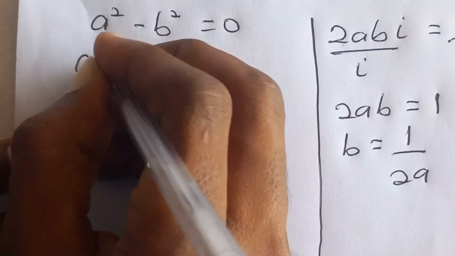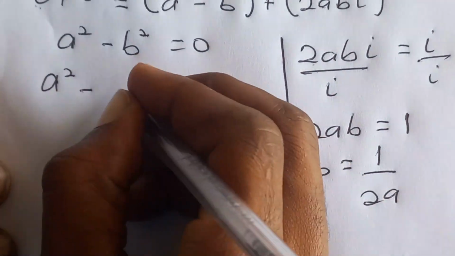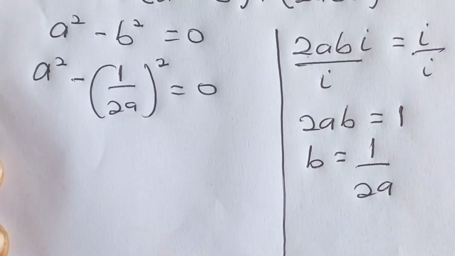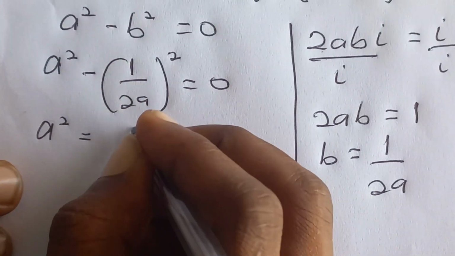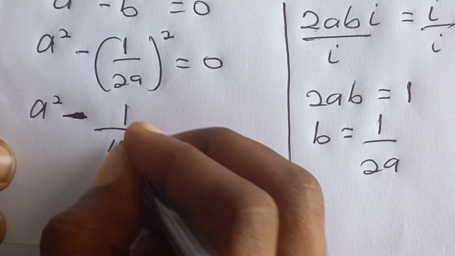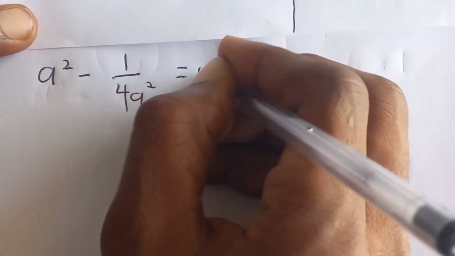Now a squared minus (1 on 2a) all squared is equal to 0, so a squared minus 1 on 4a squared is equal to 0.